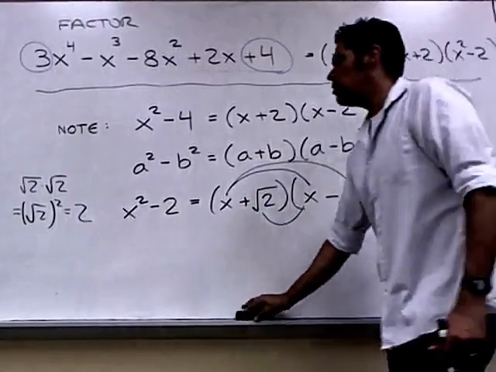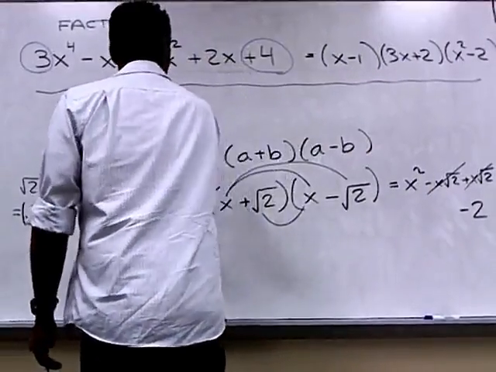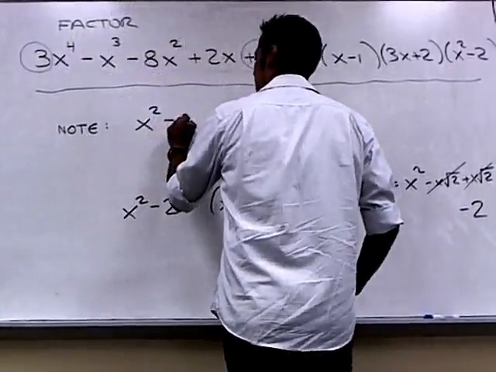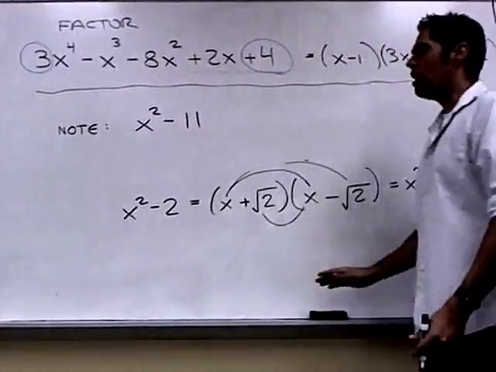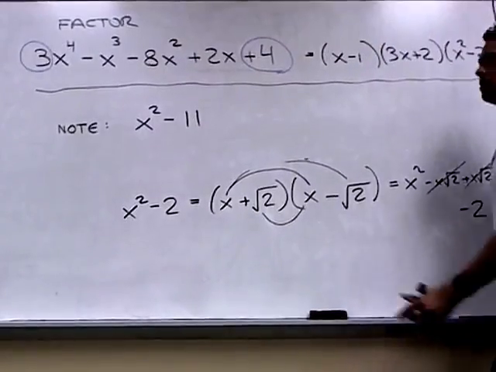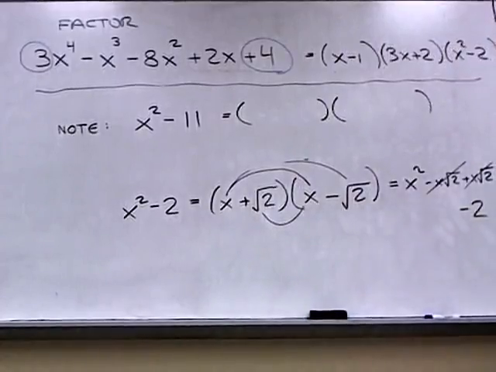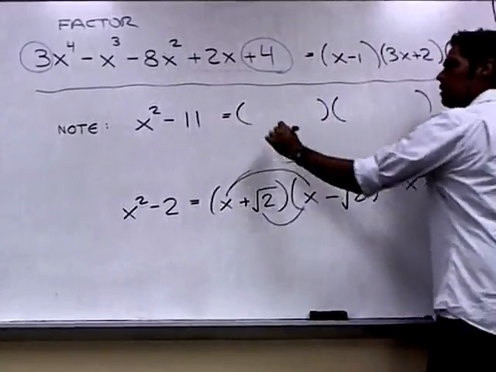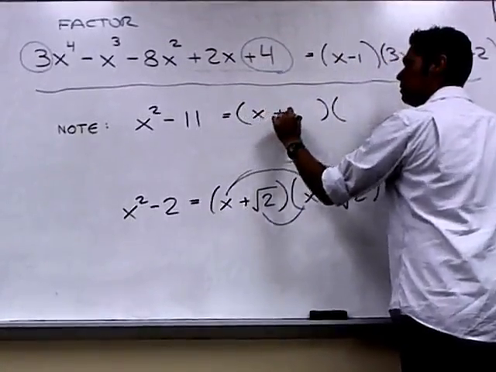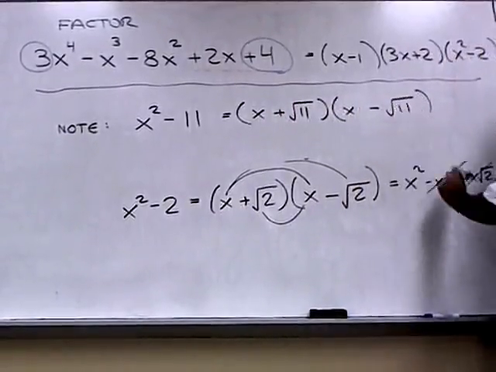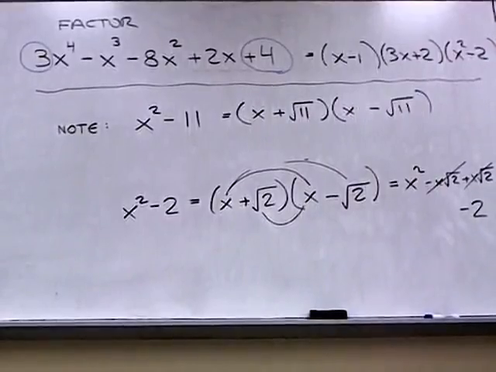In fact, we can do difference of squares on anything. Look, I'll show you more. What if I put x squared minus 11? Can you write that as a difference of squares? What would it be? X plus square root 11, x minus square root 11. That's it.